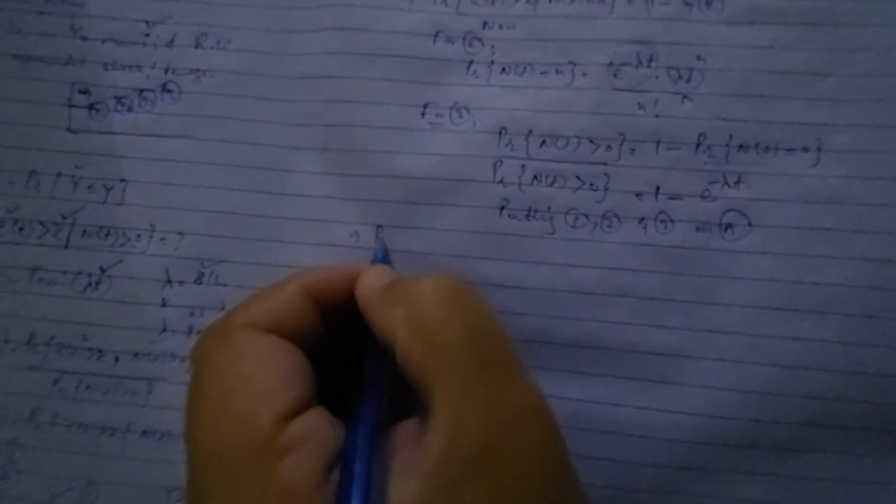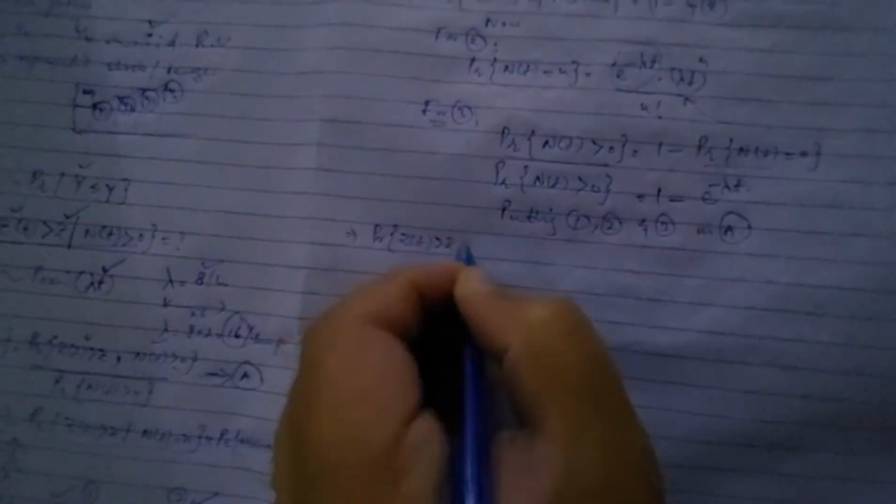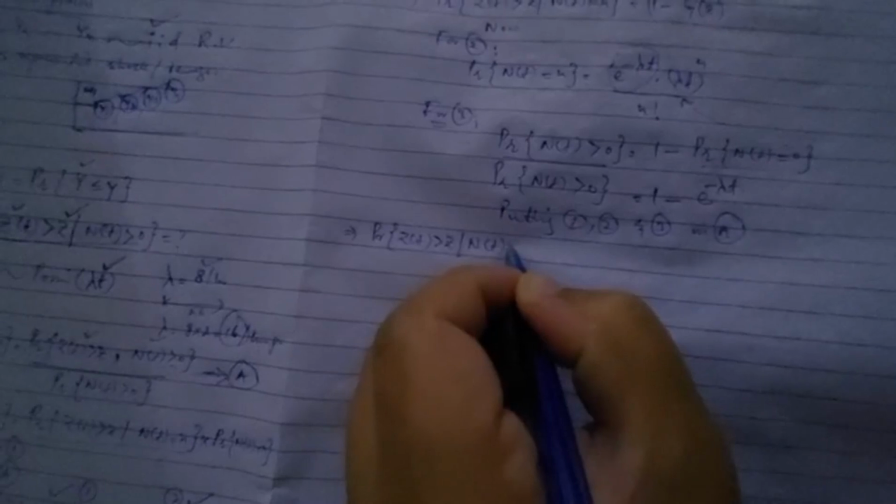So the probability that Z(t) is greater than z such that N(t) is greater than 0 will be equal to the probability that Z(t) is greater than z such that N(t) is equal to n, multiplied by the probability that N(t) is equal to n, divided by the probability that N(t) is greater than 0.